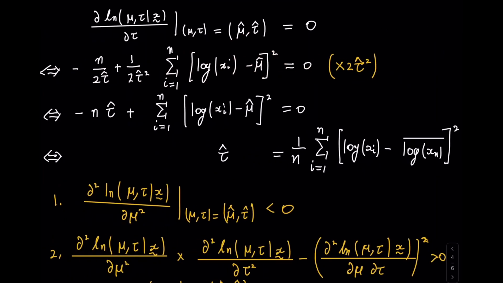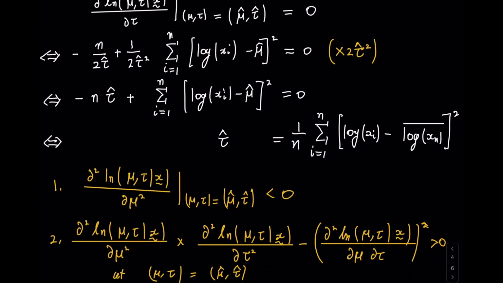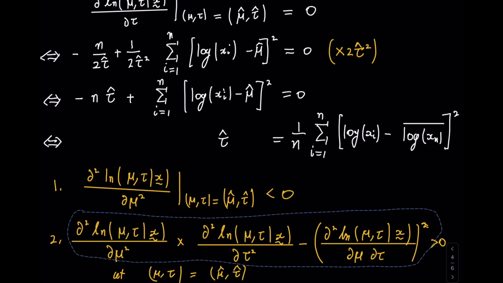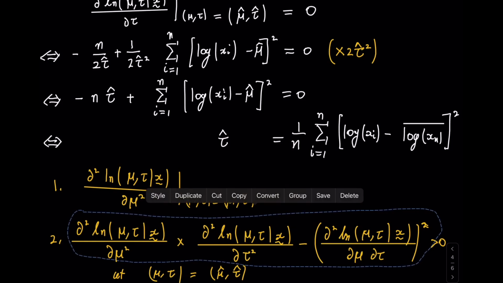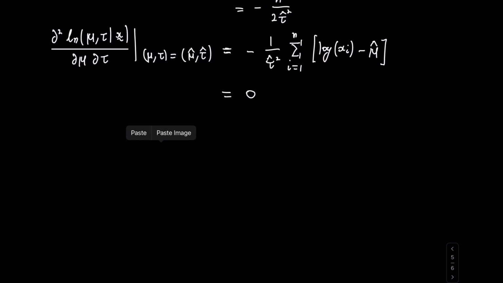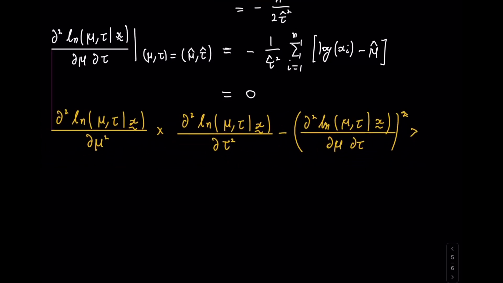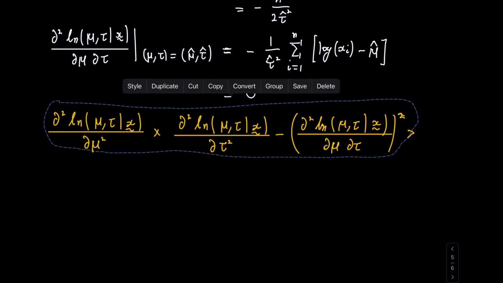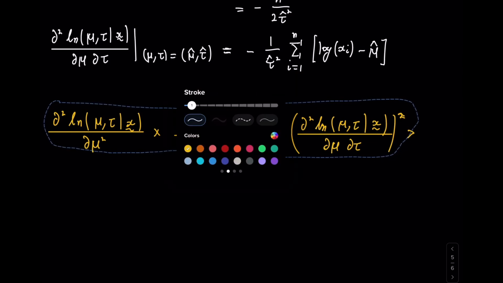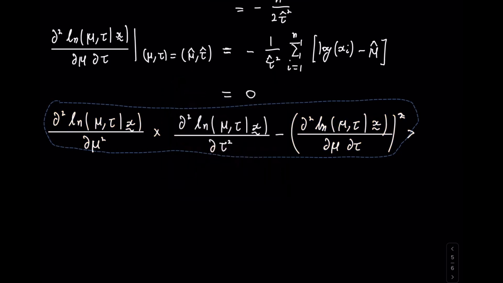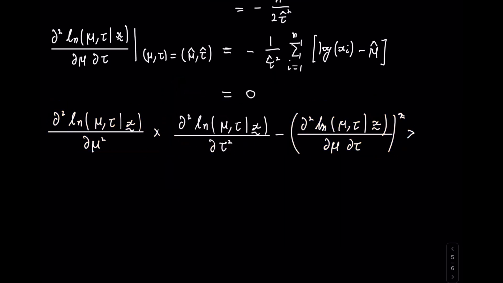And so if we now take this entire fraction, or this entire component, the second condition that we've been trying to point out, and I'm going to turn it into white. We've got to evaluate it again at mu, tau equal to mu hat, tau hat.